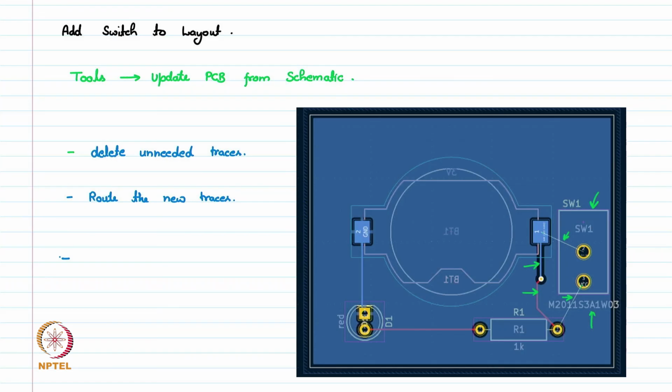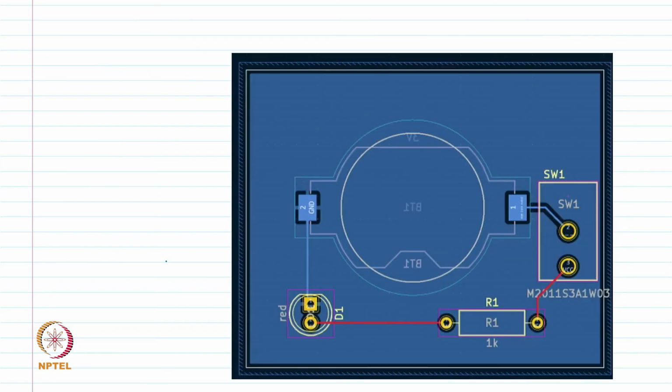Once we route the new traces, this footprint will be connected to the circuit, and again we need to run DRC, the design rule check, to make sure we are not violating any design rule. Once it passes, we get our complete PCB with the custom symbol.